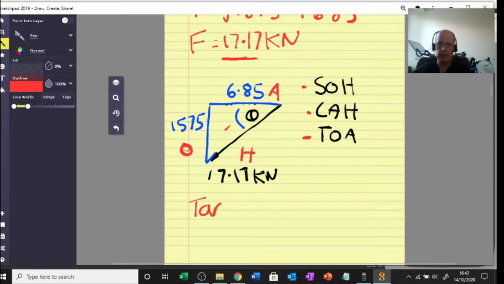So tan of the angle is going to be opposite over adjacent. We know the opposite is 15.75, and the adjacent is 6.85.